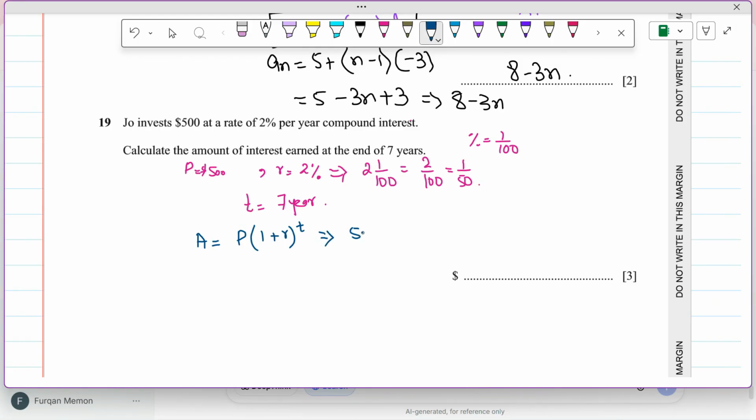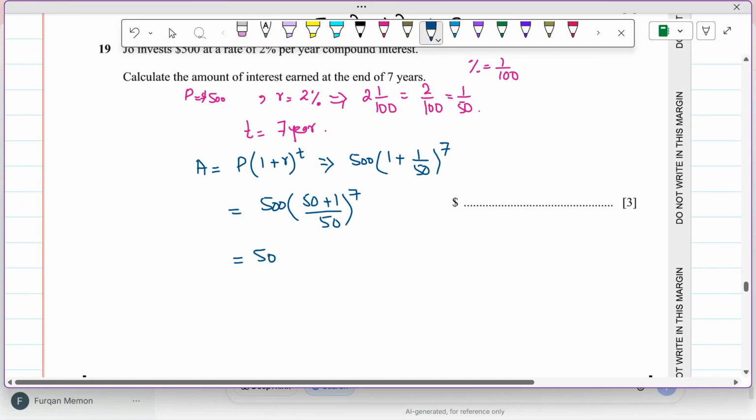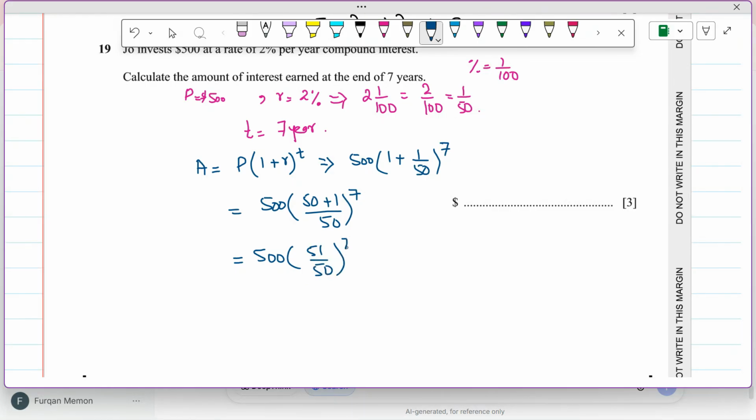P is 500, 1 plus r is 1 plus 1 over 50, whole power t, which is 7. Further solving, we have 500 times (50 plus 1 over 50) whole power 7, which is 500 times 51 over 50 whole power 7, which is 500 times 1.02 whole power 7.